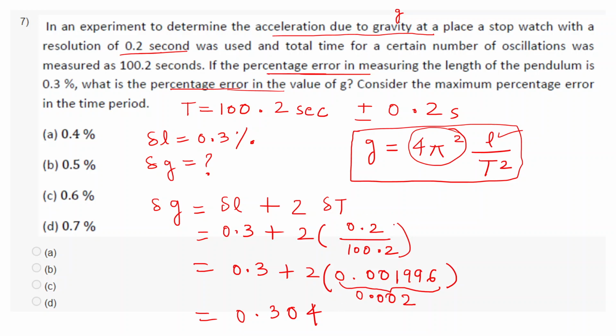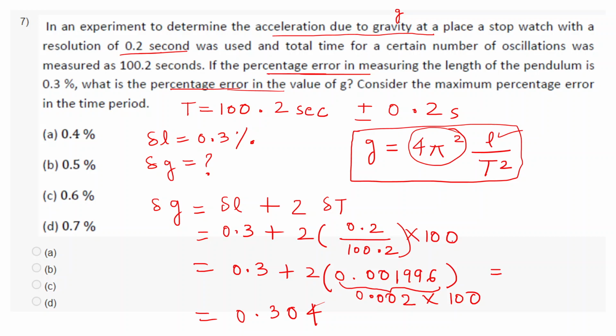I'm sorry, I made a mistake here. This is not the percentage error, right? The 0.3 is already given in percent. This we had to change to percent, so this will be multiplied with 100. So this will become 0.2. Sorry, 0.2 multiplied with 2 is 0.4 plus 0.3. Let me explain what happened: I had to multiply it with 100. This is only the relative error, right?